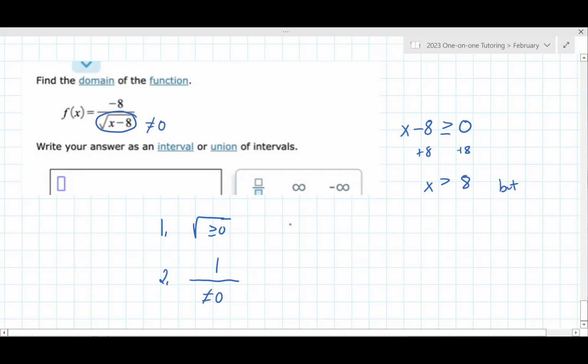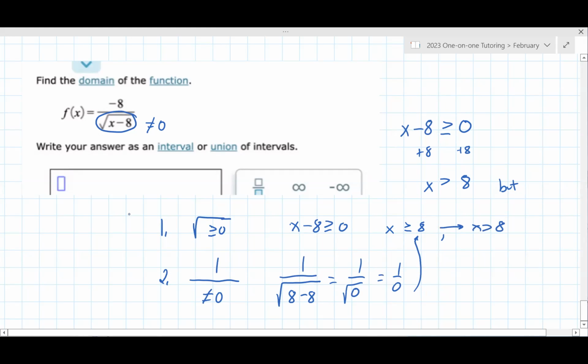So the first thing you found is that x minus 8 is greater than or equal to 0, so x is greater than or equal to 8. But when x is 8, the square root of 8 minus 8 is 0, so it's 1 over 0. Oh, okay. And that's why it can't be 8 either. So you have to make it x greater than 8. Okay, that makes sense.